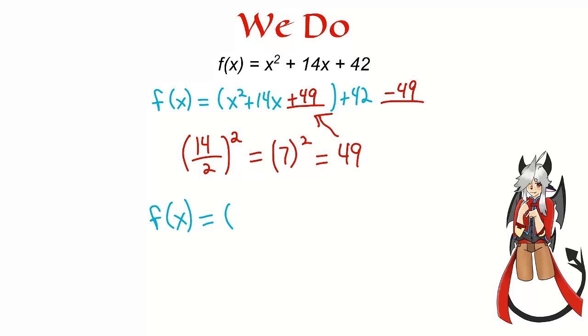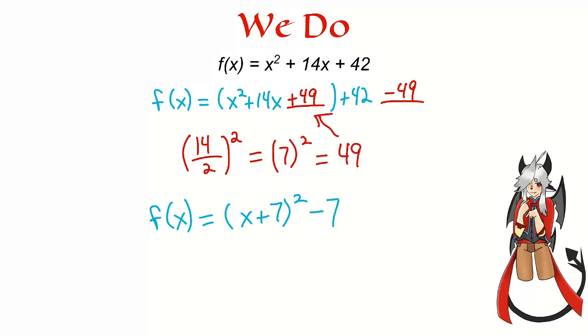The quantity, close, Thomas, close. You're really close. Remember, this step right here tells us our h value. So what's it going to be? X plus 7, that quantity is squared.